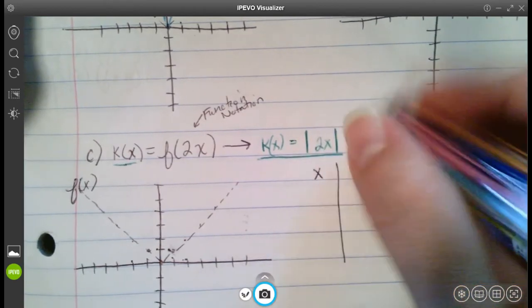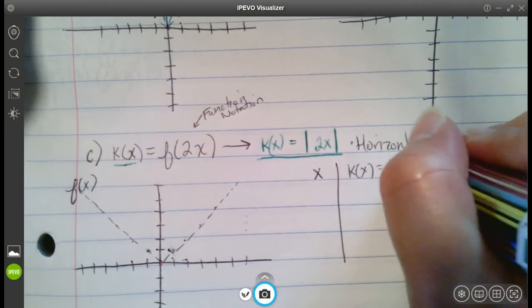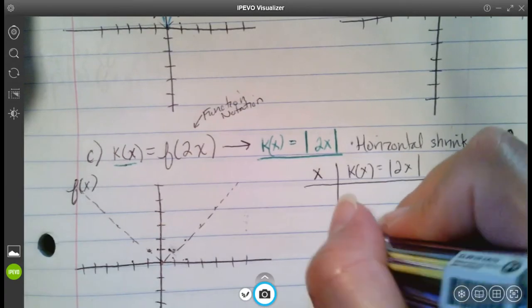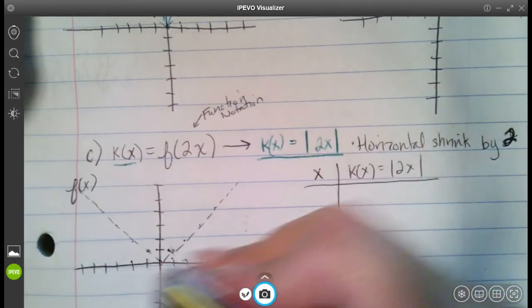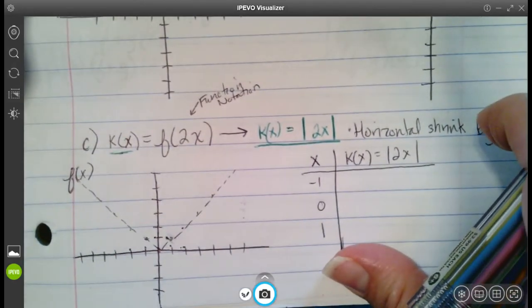I'm going to do x and then k of x right here, which is equal to this right here. I'm going to pick 3 points that I know are going to be easy to find. So I'm going to pick -1, 0, and 1, because those are probably going to be easy to calculate.